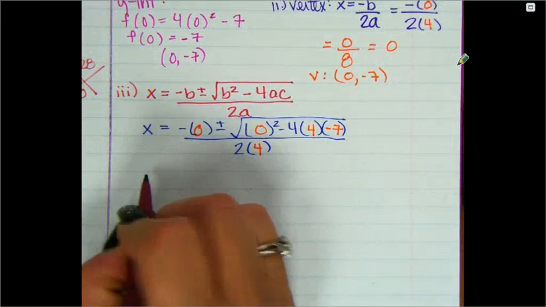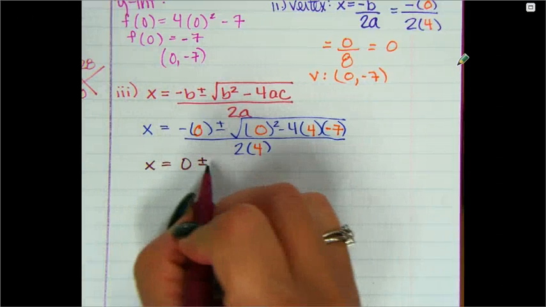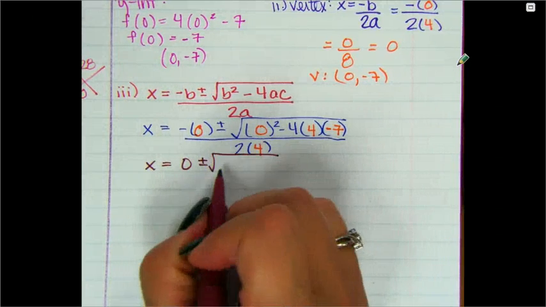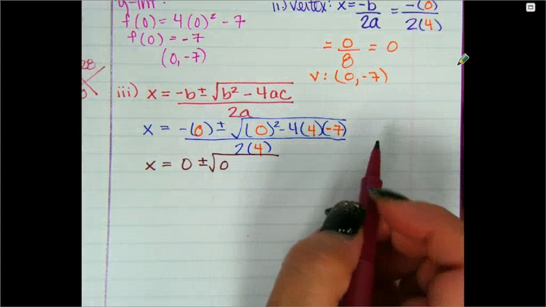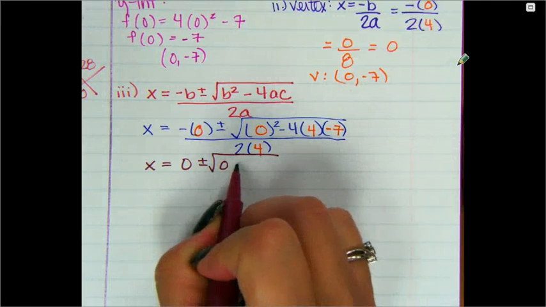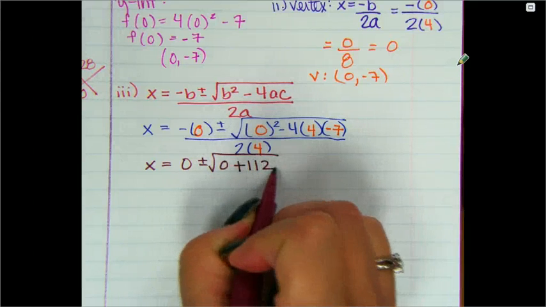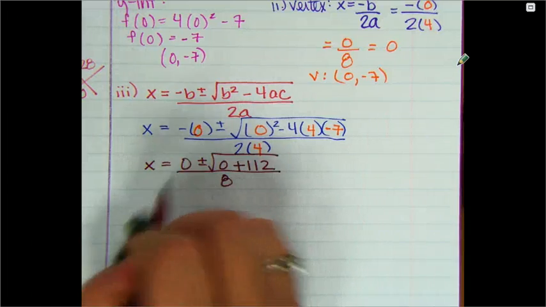This should be easy. X equals 0 plus or minus radical 0 squared is what? 0. Negative 4 times 4 times negative 7. Is it positive or negative? All over 8.